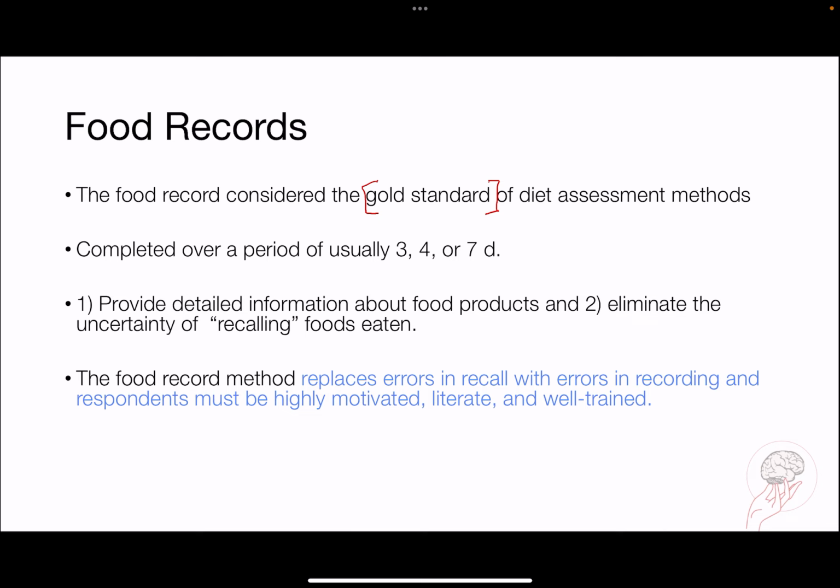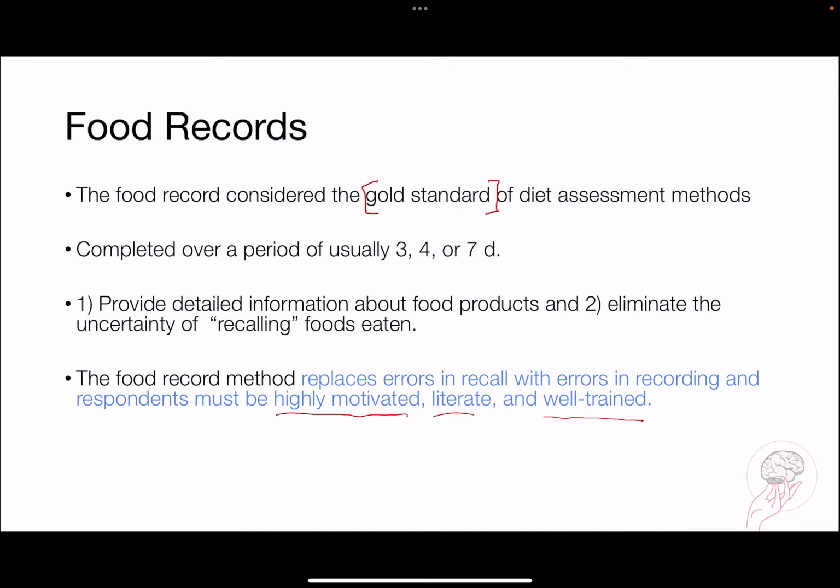The food record method replaces errors in recall, though, with errors in recording. And the respondents have to be highly motivated, they have to be literate, and they have to be well trained. And that's because when we're talking about how much food you've eaten or the type of food, it's easy to be vague. Say you ate a bowl of spaghetti.